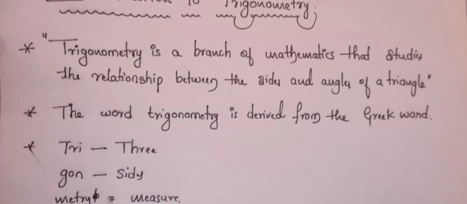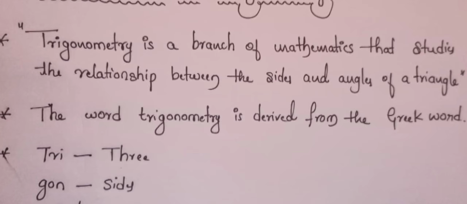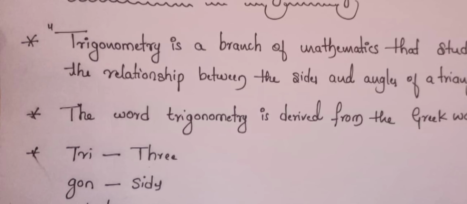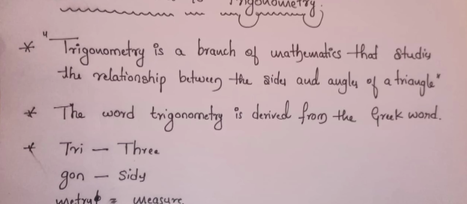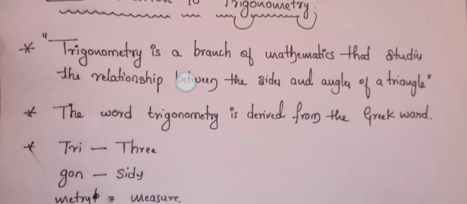Now we'll discuss the definition of trigonometry, which language the word comes from, and how it is divided. The definition of trigonometry: it's a branch of mathematics that studies the relationship between the sides and the angles of triangles.